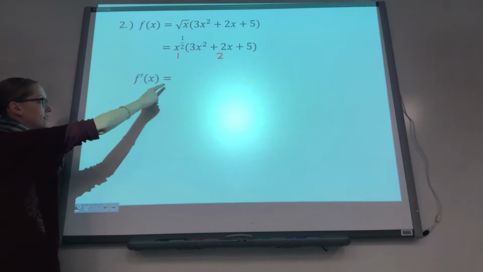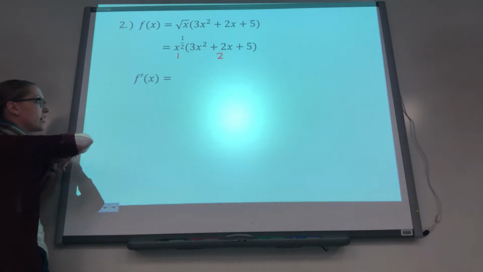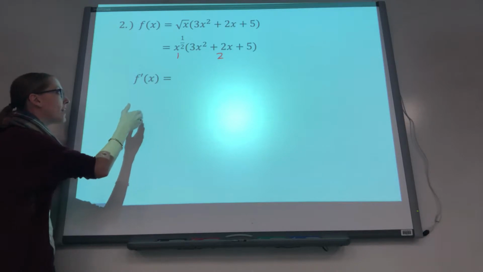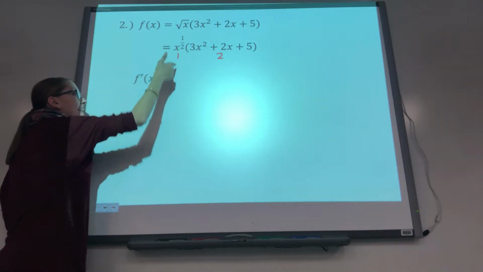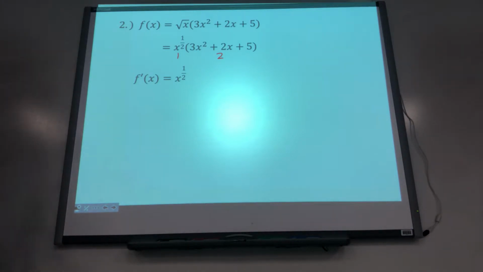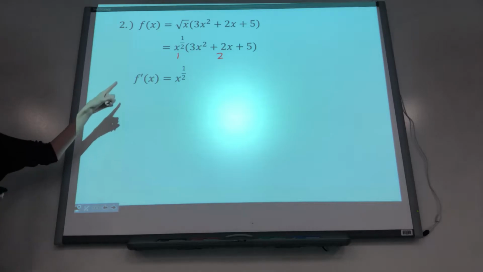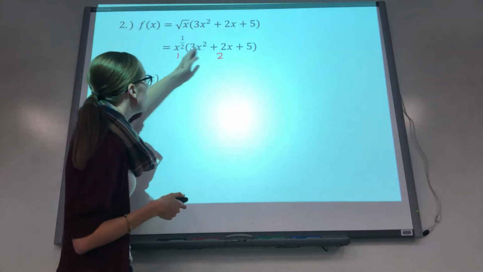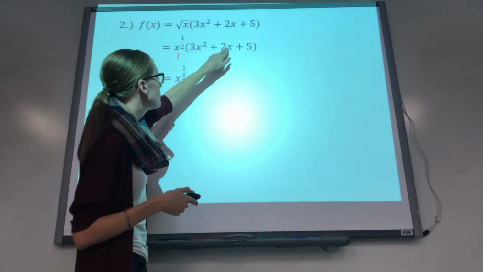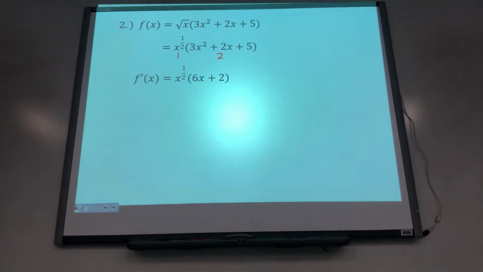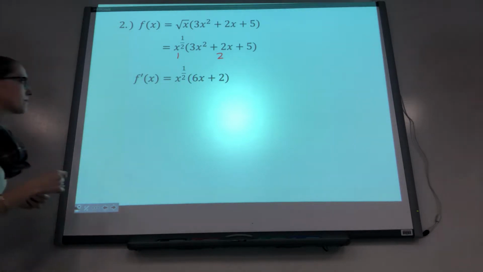I'm going to start my derivative: 1d2 plus 2d1. 1 is just x to the 1/2. You can put it in parentheses if you want. d2, the derivative of this, would be 6x plus 2. The derivative of 5 back there is just 0, so I don't need it.